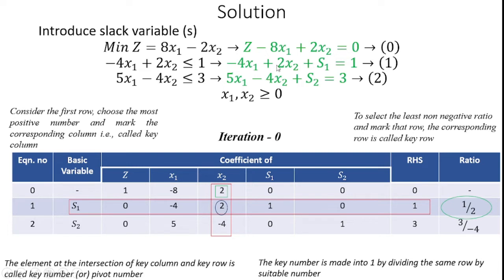After that, I consider the constraint 1 equation. Here minus 4x1 plus 2x2 plus s1 is equal to 1. Here I collect the coefficient value of x1. Here x1 has minus 4. In constraint equation 1 there is no z value, so I place a 0. For x1 there is minus 4 as a coefficient, so I place minus 4 in the respective cell. After that, x2 has 2 as a coefficient, so I place 2 in the respective cell.